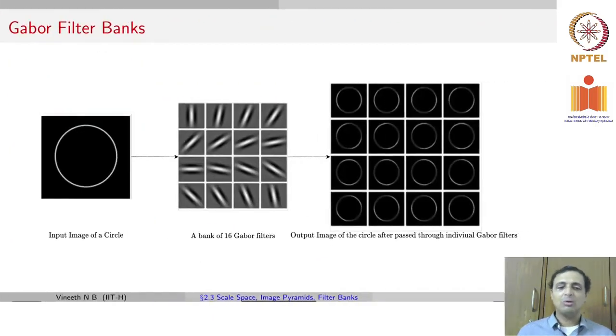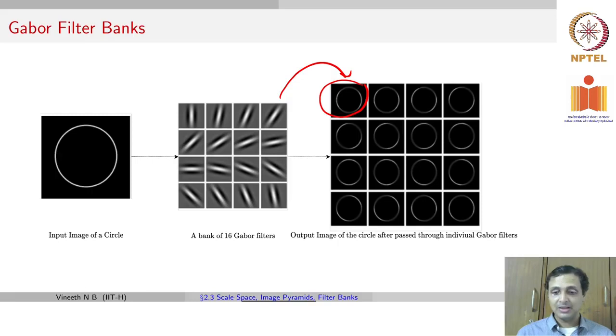You can now take an image and convolve each of these filters with the image, and you will get 16 different responses of the image to these 16 different filters. As you can see here, each of these responses captures a certain aspect of your original image.